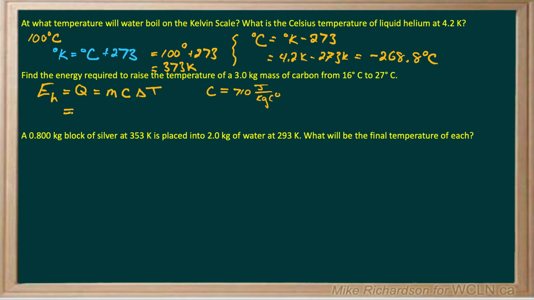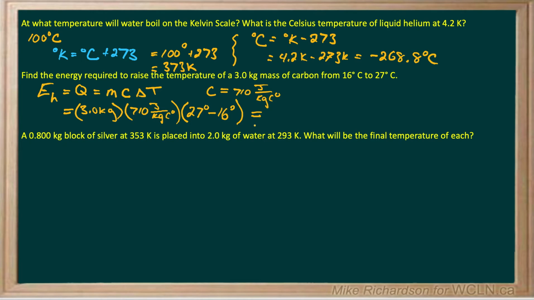So let's calculate our thermal energy. 3.0 kilograms. It's got to be in kilograms. C is 710 joules per kilogram Celsius degree, and our change in temperature, it's always final minus initial, 27 degrees minus 16 degrees. Now your change in temperature can be in either Kelvin or Celsius as long as you're consistent.